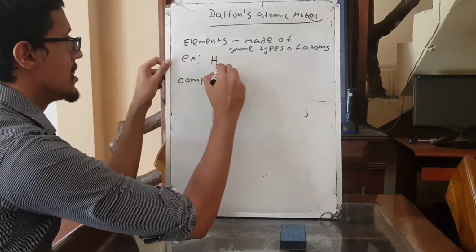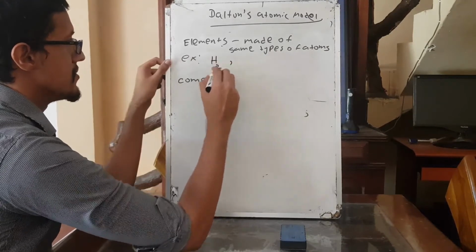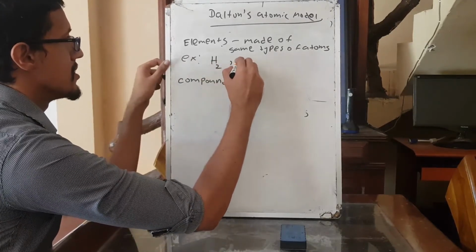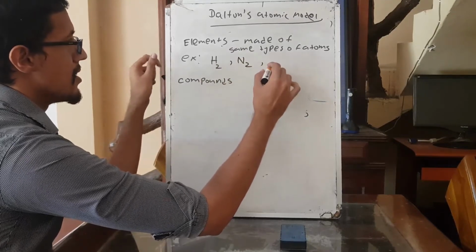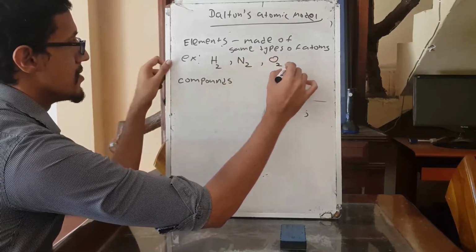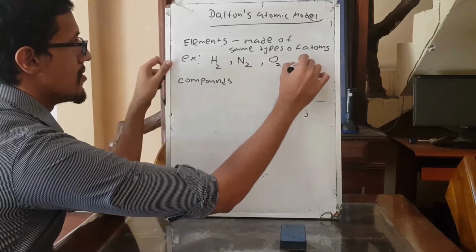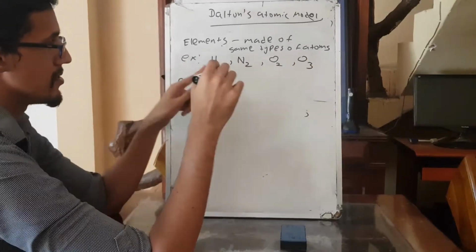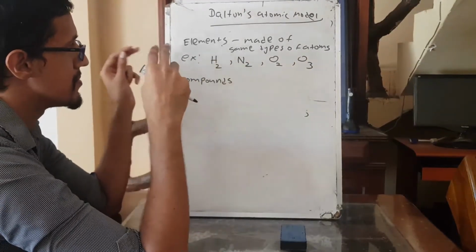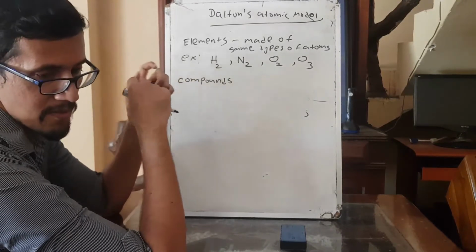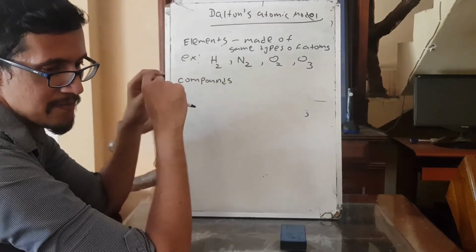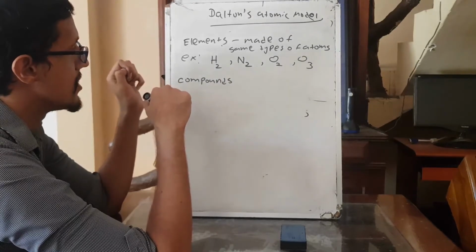Example, H2 means hydrogen, we have two hydrogen atoms. Nitrogen, oxygen, ozone. Those have the same type of atom, so we call them elements.